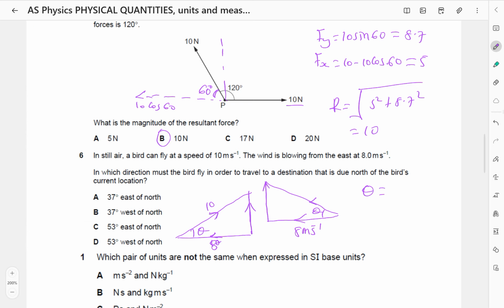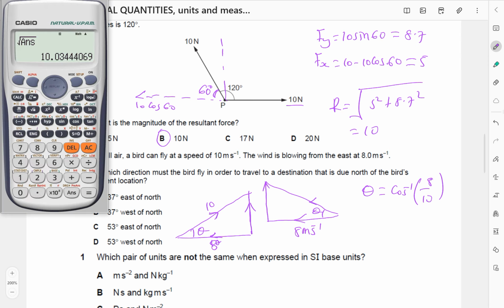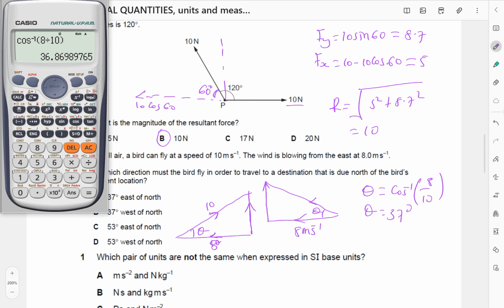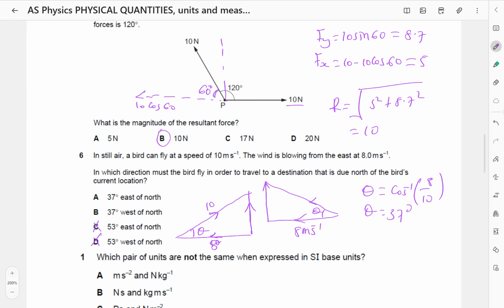So theta is equal to cos inverse of adjacent over hypotenuse. So cos inverse of 8 divided by 10, that is 36.86. At least I know that the angle should be approximately 37 degrees. So D and C are out.